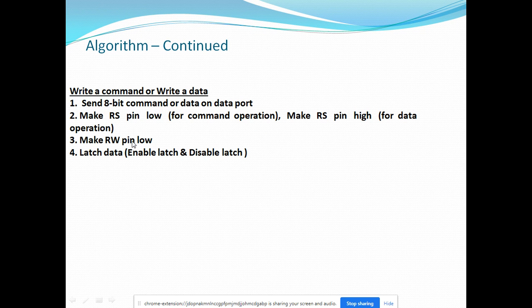And for both command and data operation, you need to make the read/write pin low, because we are going to do a writing operation for the LCD. So we will send an active low signal on this pin so that data is written to the LCD, whether that is a command or our message.